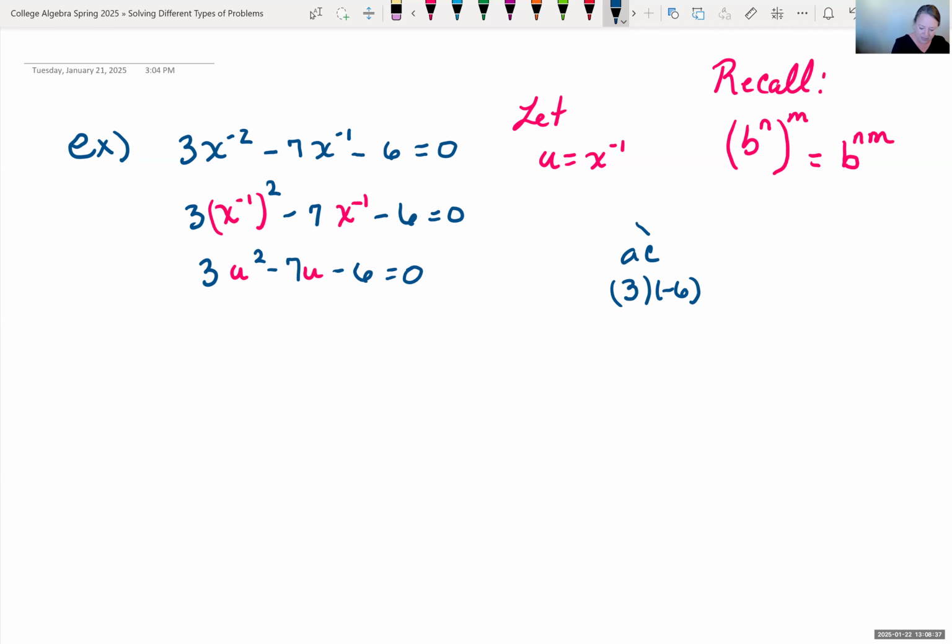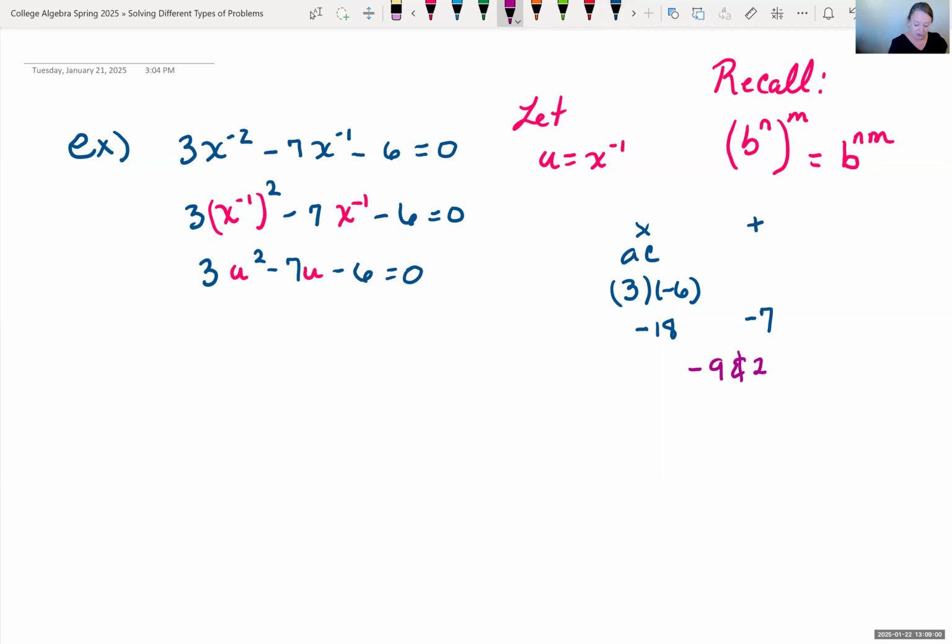So I'm looking for two numbers that multiply to that multiple, which is negative 18, but would sum to be my middle term of negative 7. So I notice there are two numbers that I can multiply to get negative 18 and add to get negative 7. And those two numbers that would work would be negative 9 and positive 2.